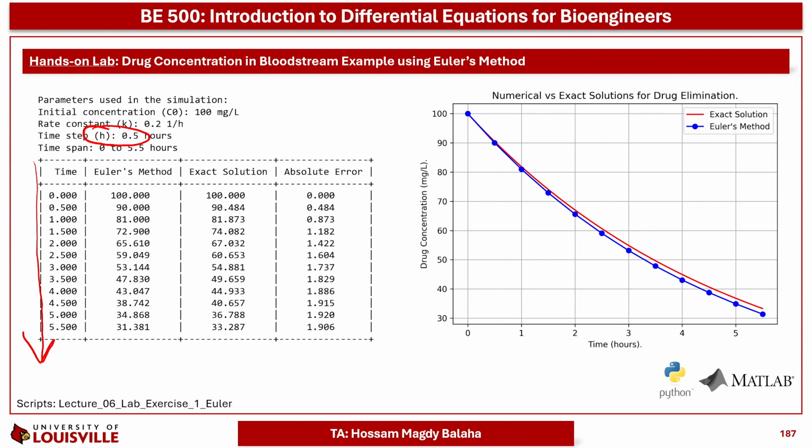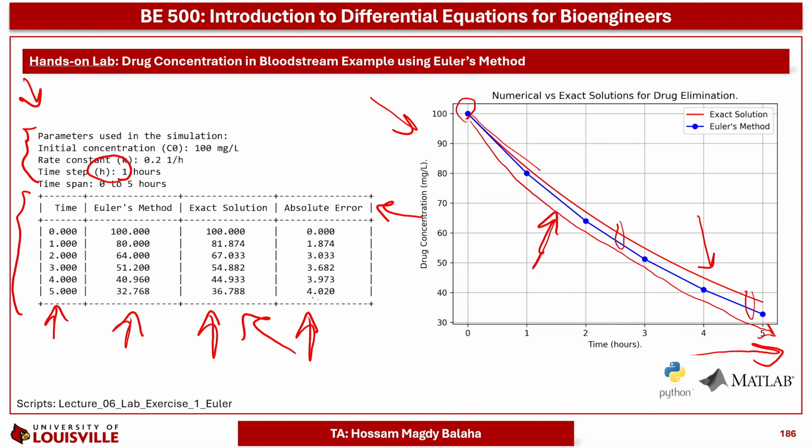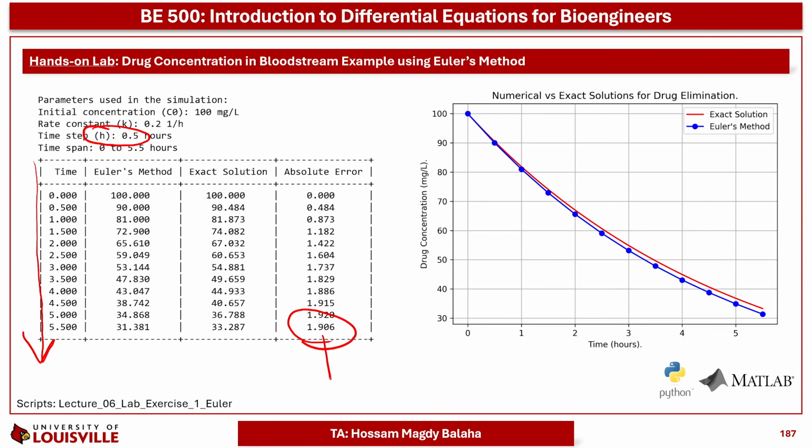Here we have more iterations, but on the other hand, the cumulative error will decrease. Here at the end it was around 4, and here it reached 1.9. If you try this example one more time, but instead of 0.5 use 0.1, you will find the absolute error is decreasing, and these two plots or curves will come closer together.